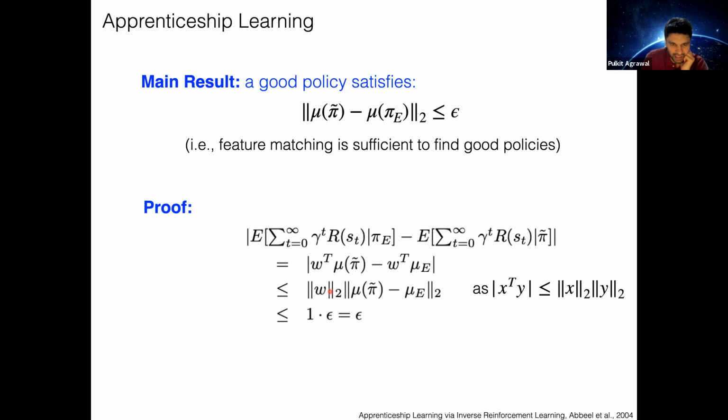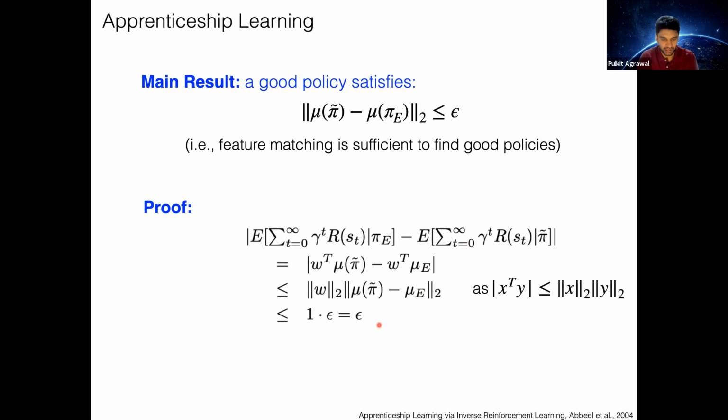And if I am willing to constrain the norm of W to be less than 1, then if I'm able to match features within a bound of epsilon, it means that the rewards of those two policies are also very close to each other.